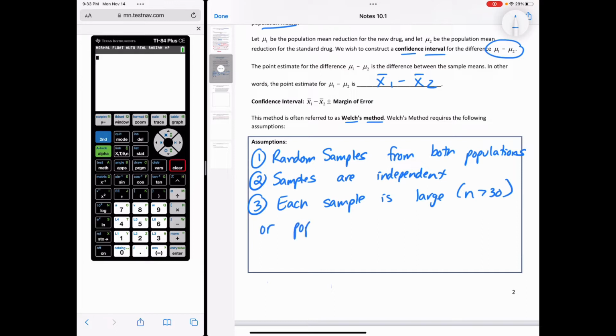Or the populations are approximately normal, just like before. Or you examine the data, use your best judgment, and make a graph from both populations.